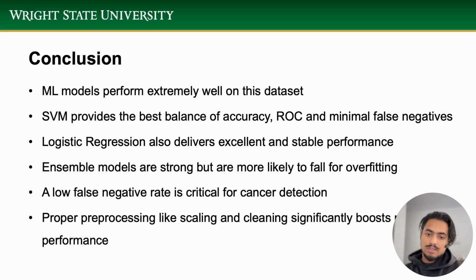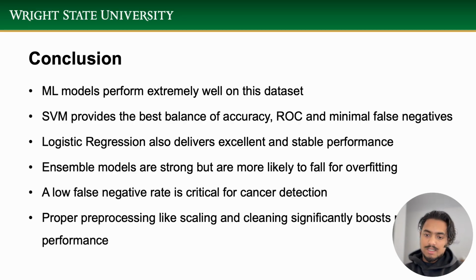Coming to the conclusion, classical machine learning models performed exceptionally well on breast cancer detection. The support vector machine emerges as the most effective model due to its high accuracy, highest ROC score, and low false negative rate. Logistic regression also performed very strongly and provides a reliable, interpretable baseline.